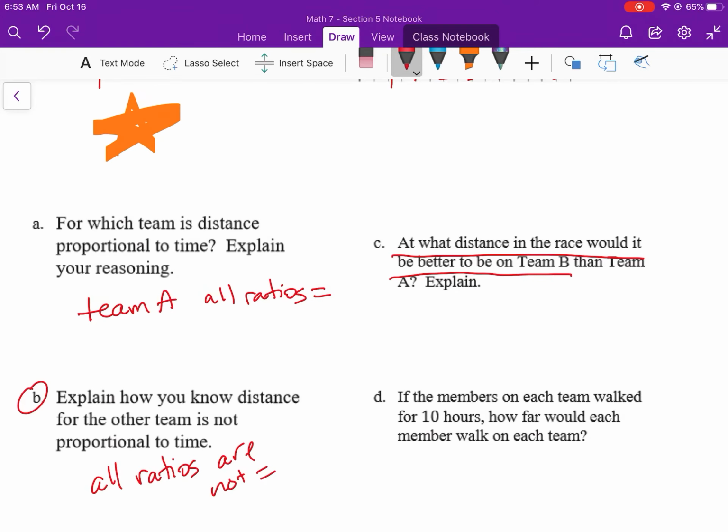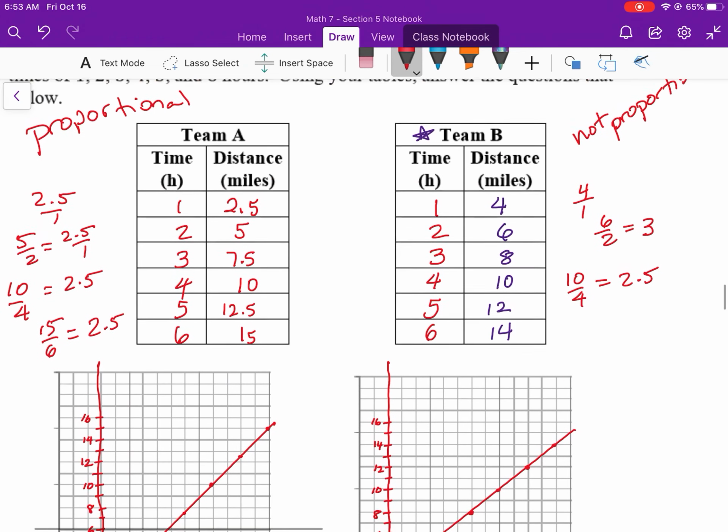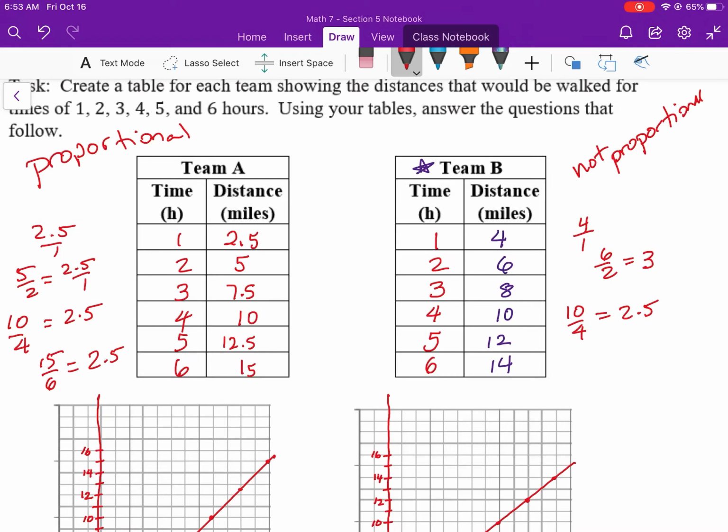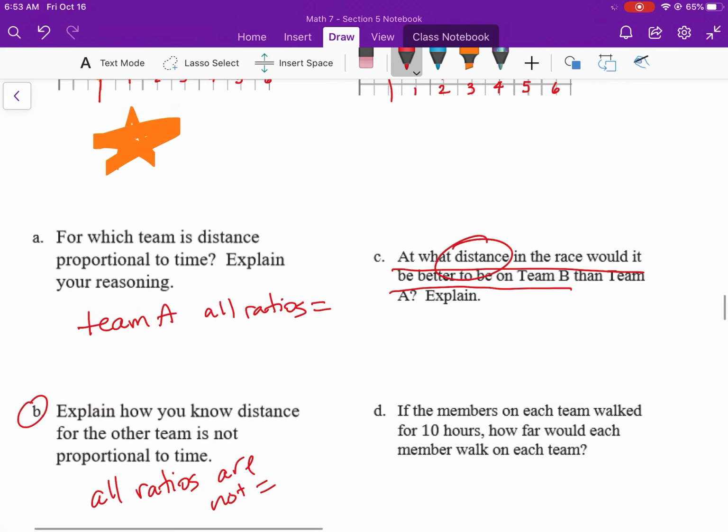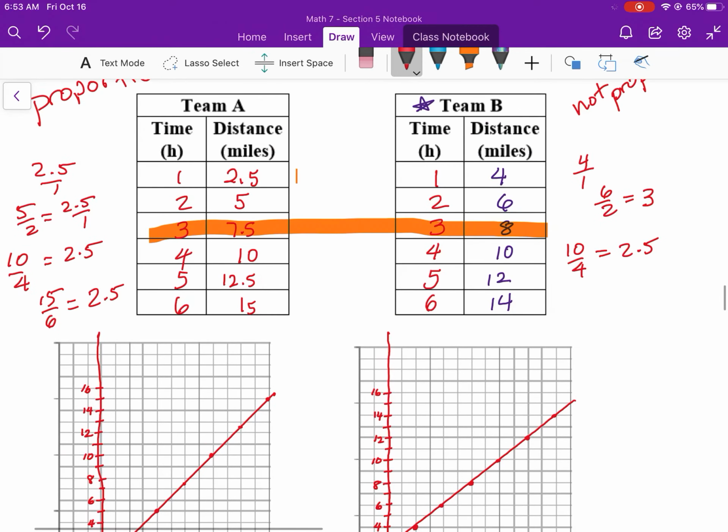At what distance would it be better to be on team B? Team B, we want distance to be better, so we want to win. So team B goes farther where? Remember we talked about that at the beginning. So notice up to 3 hours, team B is ahead every time of team A. So at what distance?